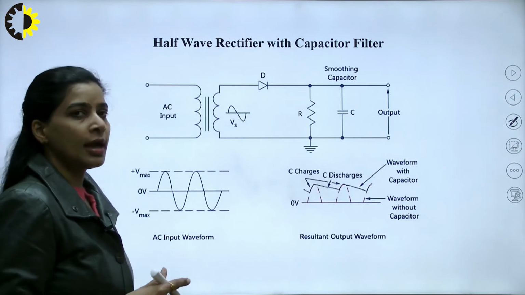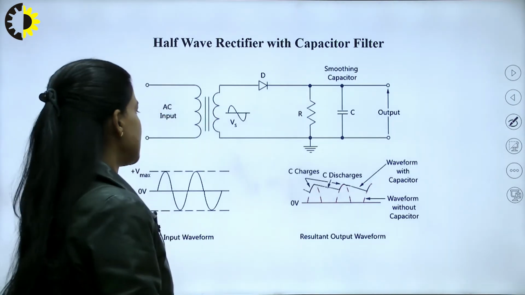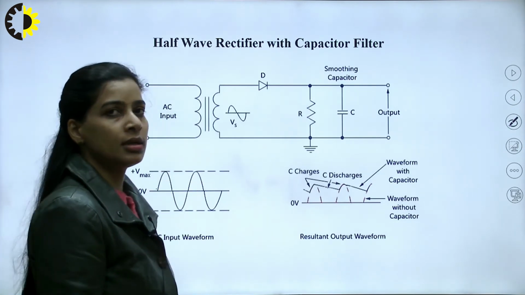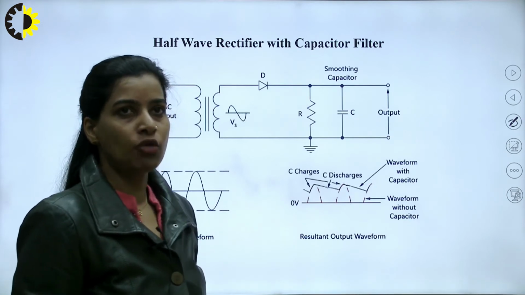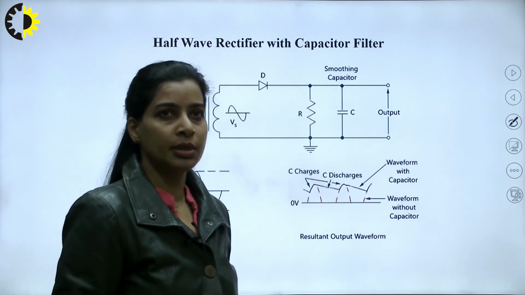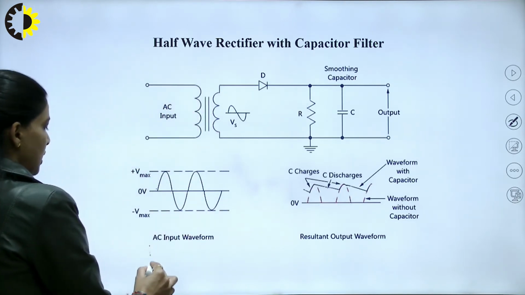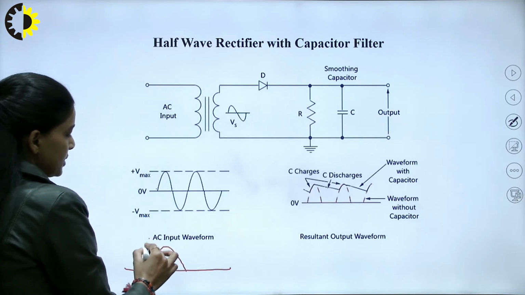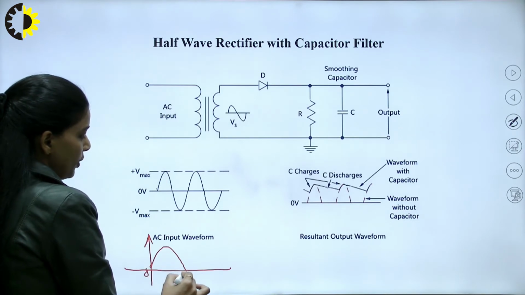Half wave rectifier with capacitor filter. As I told you that when we are rectifying the input signal to get the rectified output at the output terminal of the half wave rectifier, we get an output that is containing some AC component along with the DC component.